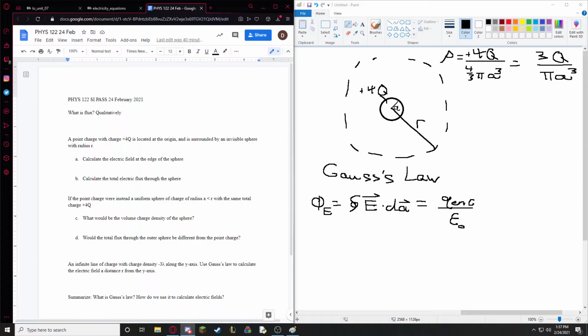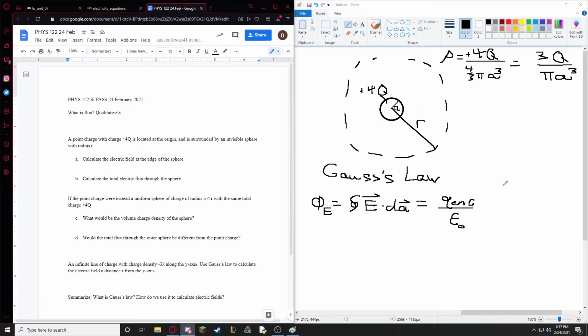All right, so how do we calculate our electric field out here using Gauss's law? First, what do we know about the electric field? Is it going to be uniform around this whole sphere? Yes, our electric field is going to be constant around this whole sphere because it's the same distance from every point on our sphere of charge.